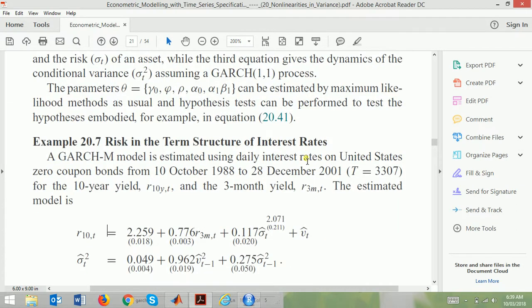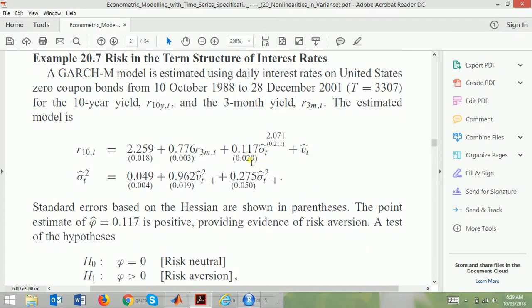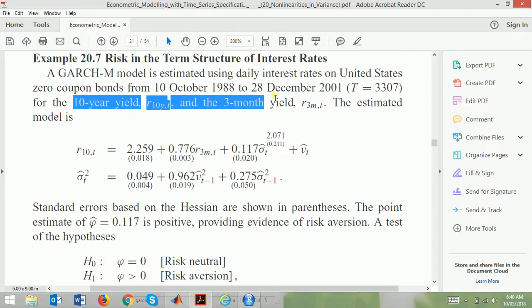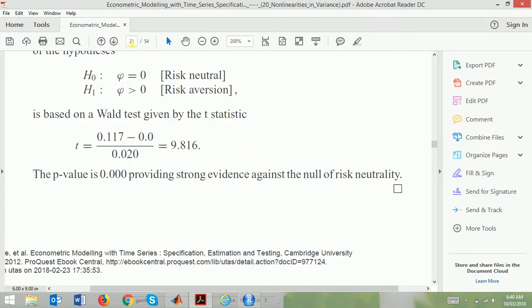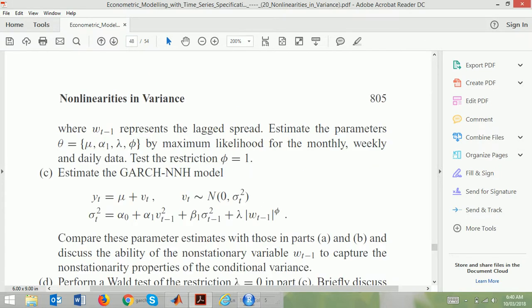You see, this has not been discussed. This is just a coefficient estimate. For the zero coupon bond, we are taking 2 variables here, the 10-year and the 3-month, and we are just drawing the relationship, variance for 10-year and 3-month, and that's all, nothing else.